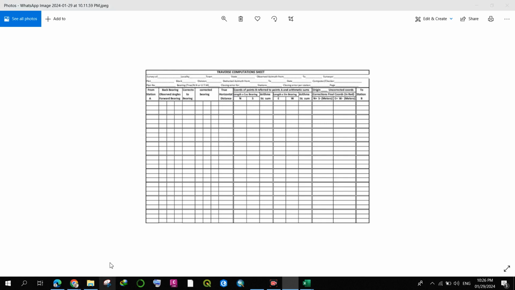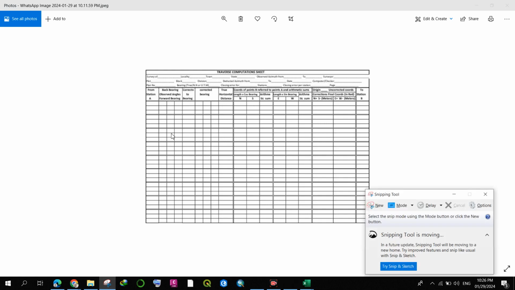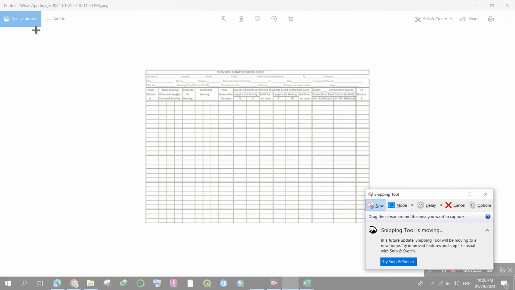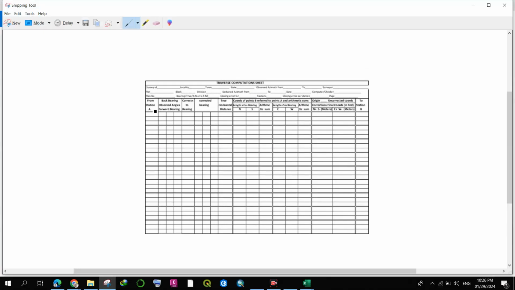Let me try to open my snipping tool up here so I can show you something related to this. When you say change in latitude, something like a triangle, like change in northerns. You have the change in northerns, and then you have the change in eastern.